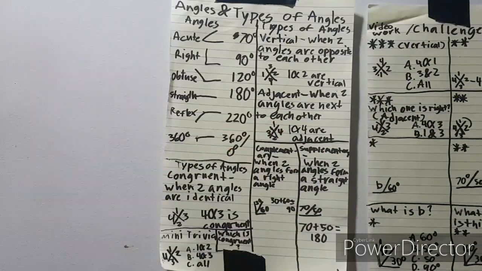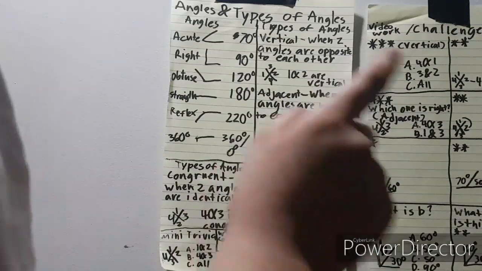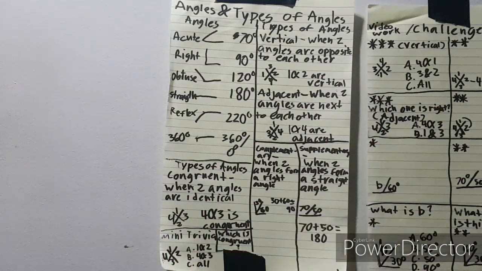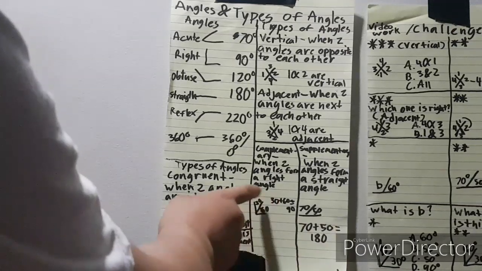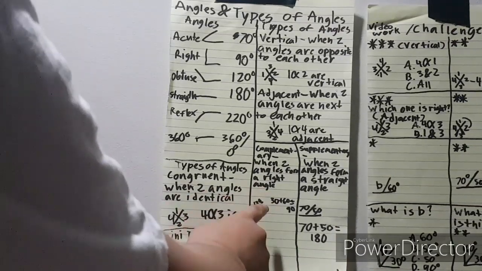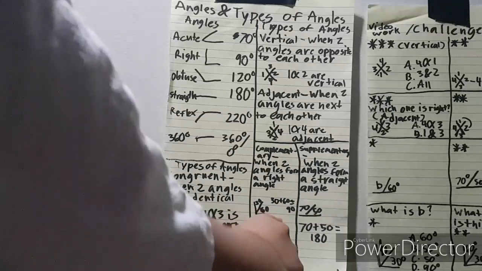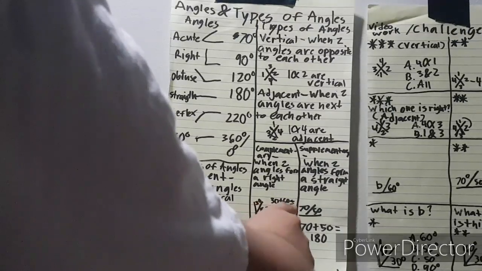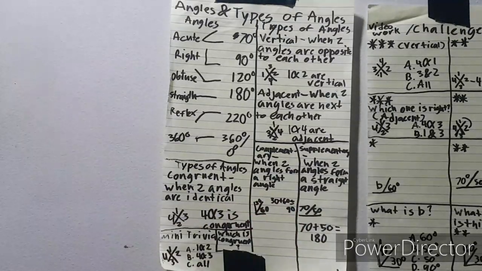For complementary, it's when two angles add up into a right angle, aka 90 degrees. For the angle here, it's a 30 degree and a 60 degree. If you add them both, you get 90.